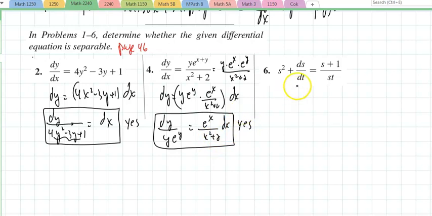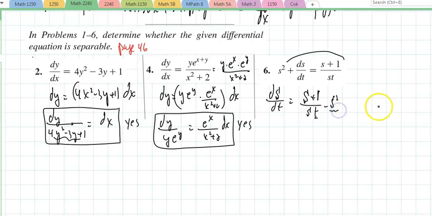I get to number 6, say okay, well let's see how that works. Let's move that over. ds over dt equals s. So there is no formula for figuring this out. And here I will have a heck of a time separating the t from the s because of that s squared. If I say let's get a common denominator, I just made the problem worse.